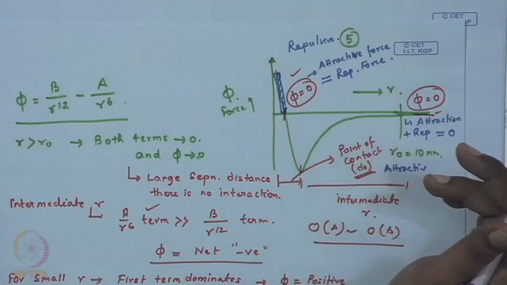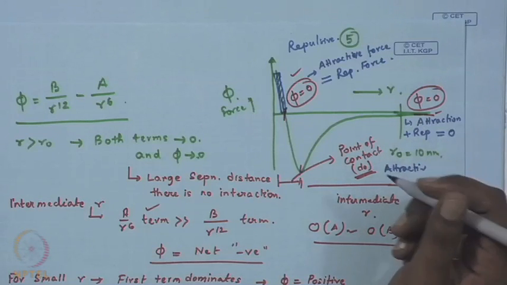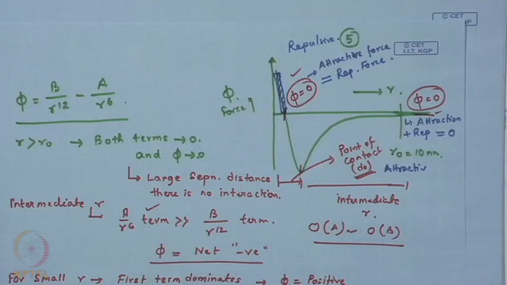For the context of AFM, the way we understood it, it is the interaction between two particles or two surfaces.